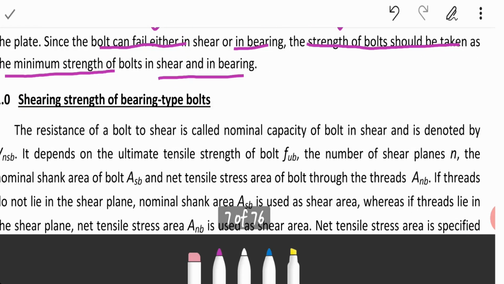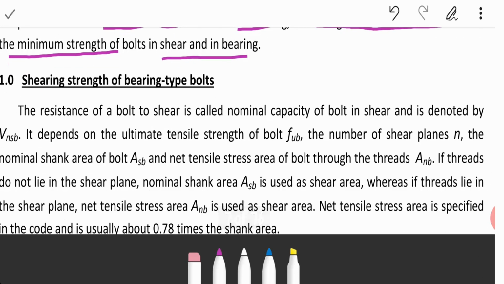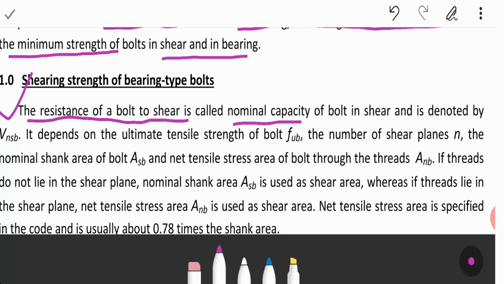Now, shearing strength of bearing type of bolt. The resistance of the bolt to shear is called the nominal capacity of the bolt in shear and it is denoted by V_nsb. It depends on the ultimate tensile strength of the bolt, which is denoted by fub.